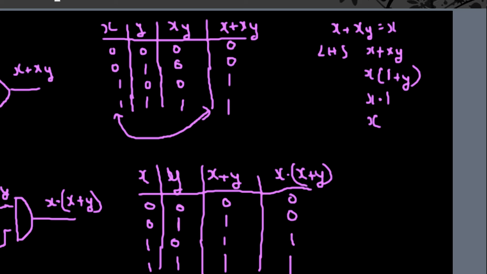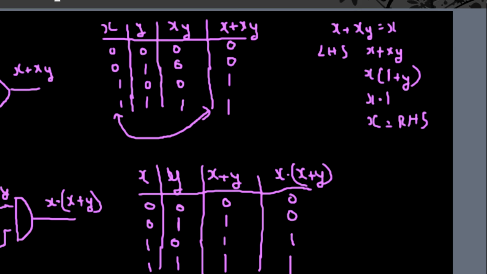So 1 plus y, what is this? This is a property of 1. Under the property of 1, you studied that whenever you add a variable with 1, you'll get 1, and whenever you multiply 1 with any variable, you'll get the same variable, which is equal to x. Now this is the same as your RHS.